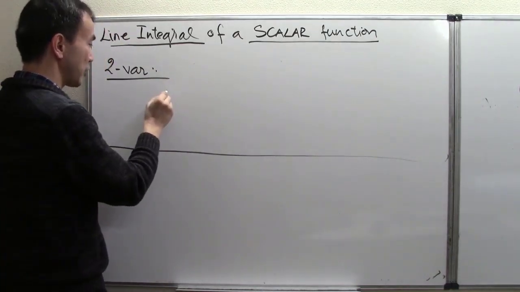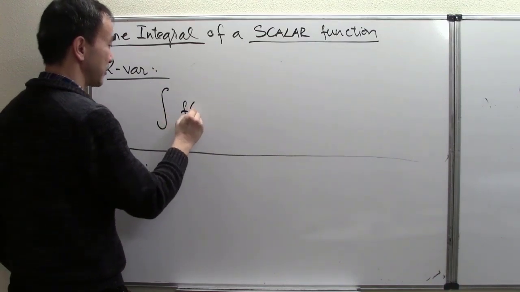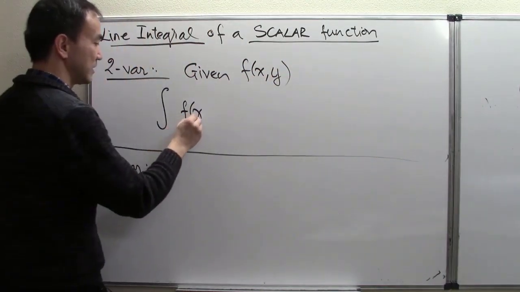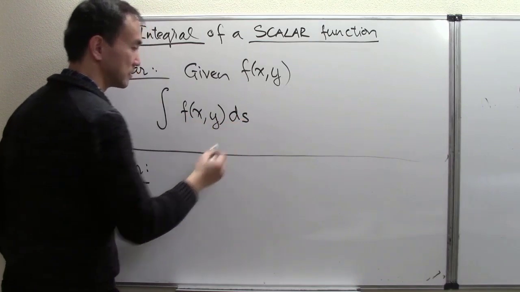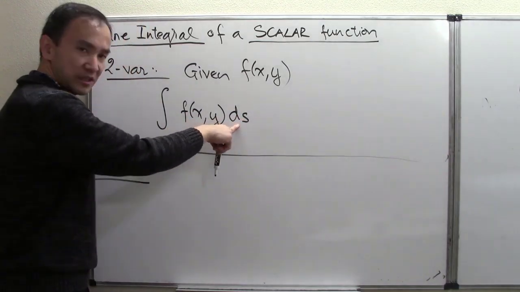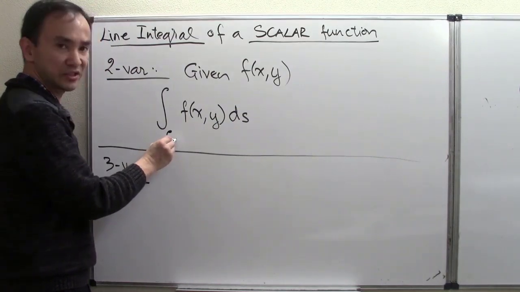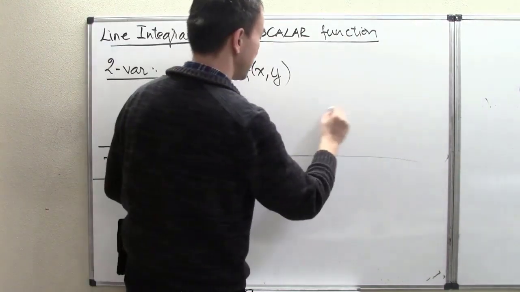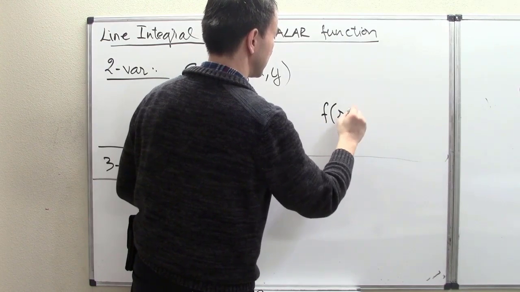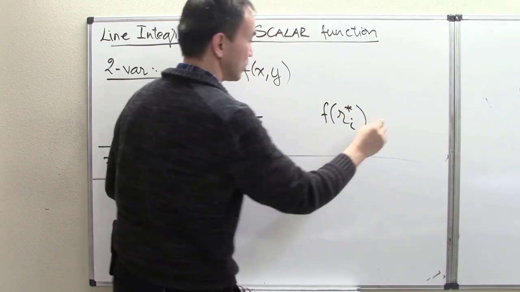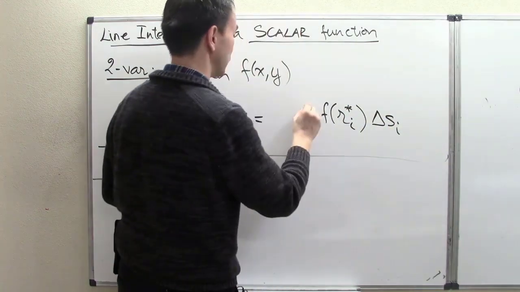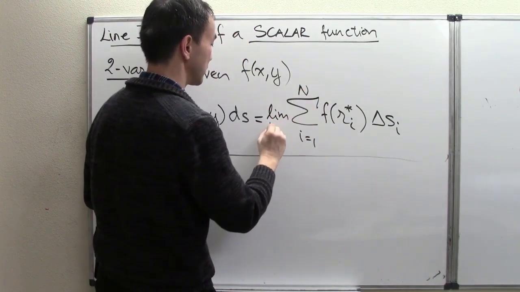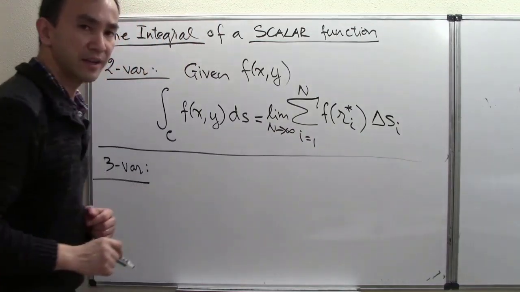With a given function f of x comma y, a function of 2 variables, and with the function value multiplied with the infinitesimally small differential ds along the curve C that you have seen right there, this line integral of a scalar function is defined to be the sum of the function at r star sub i multiplied with delta s sub i, for i going from 1 to n, and we increase the number of subintervals to infinity. That's one way of seeing it.